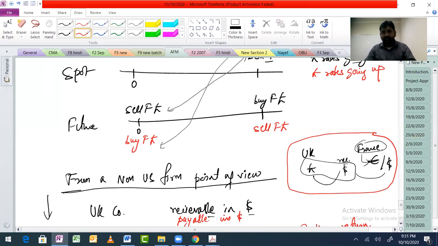At times what happens, see, UK and France, euro and pounds is what we are talking about. They will directly give you these rates, but again these are not real rates, because in the real market there is no euro future available against pound.